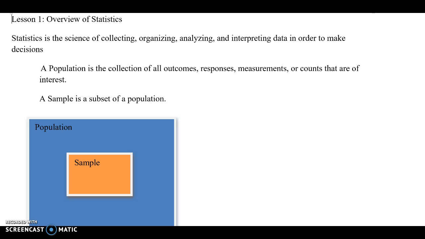Sometimes you may use a population, but mostly we use a sample. Then what are the population and the sample? Population is the collection of all outcomes, responses, measurements, or counts that are of interest. Which means population is everything, basically.